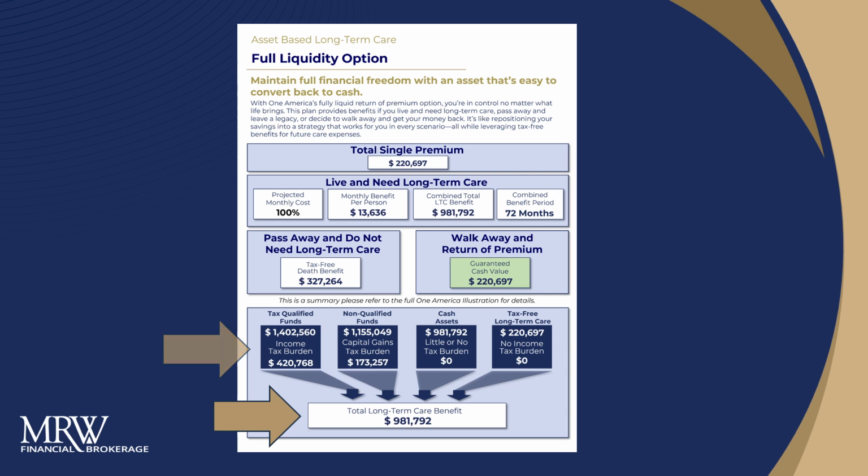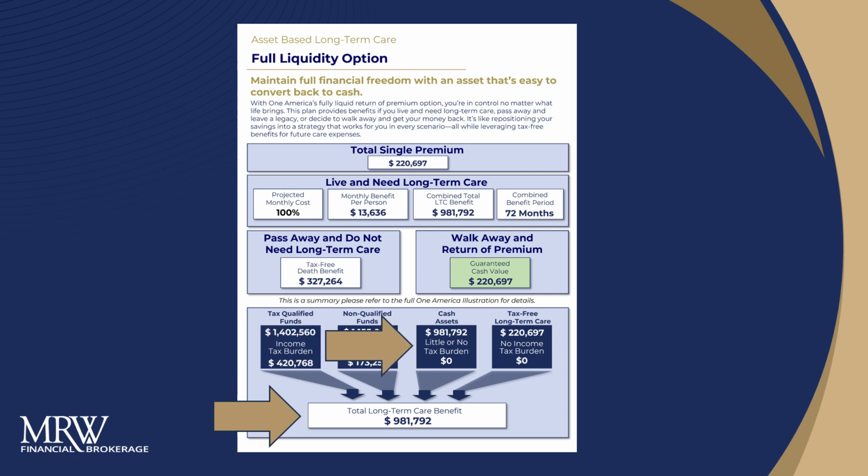If we were using non-qualified funds, it'd just be the capital gains tax. So we'd have to withdraw $1,155,000, have $173,000 of capital gains tax, which, by the way, if we would have held those assets until we passed away, has a free step up in basis, and our children completely avoid that capital gains tax to get that $981,000 of long-term care benefit.